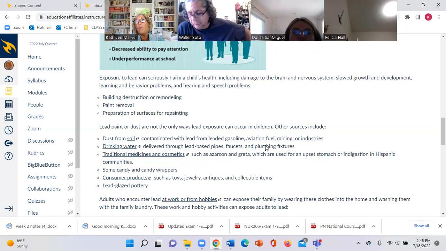And I know we don't always think of lead exposure. I mean, we know it's risky, but it's a really big deal with kids, especially the young kids that put everything in their mouths. So lead paint or dust are not the only ways lead exposure can occur in kids. Some other sources include soil, dust from the soil.